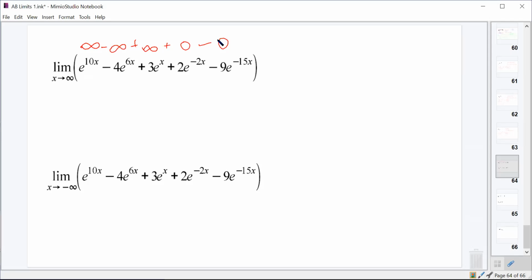So some parts of this are okay, right? 0 minus 0, that's no problem. But anytime you have this, infinity minus infinity, that is another indeterminate form. And you've got to do something to deal with it. So any thoughts or ideas on what you might do to deal with that?